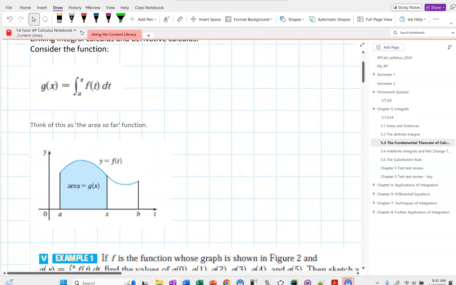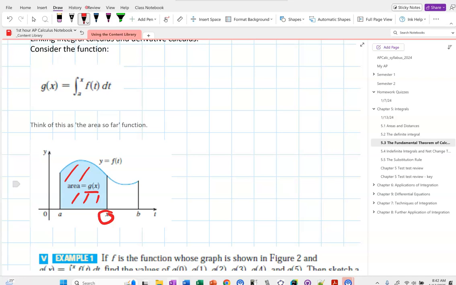So let's say that this is our function. The blue curve is the graph of y equals f of t. Here's x. And so my value for g of x is going to be the area under f of t up to that value x.